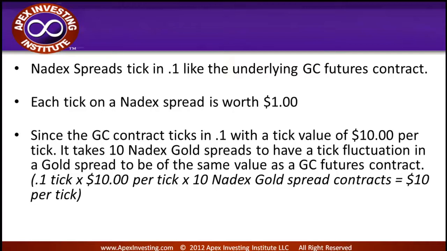For instance, a 0.1 movement, 0.1 tick, is worth $10 per tick on a gold futures contract. Well, if you look at 10 Nadex gold spread contracts ticking in 0.1 on 10 contracts, would be $10 per tick.